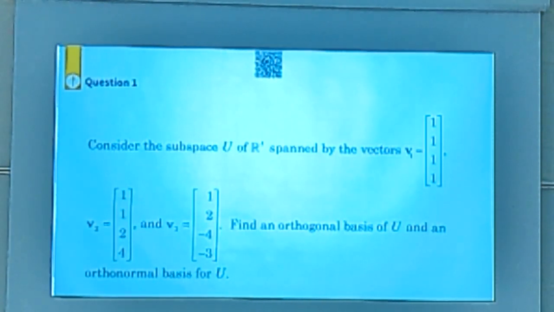Remember, W1 is V1. And who remembers how the dot product is defined? Multiply the components together and then add it all up. 1 times 1 is 1, plus 1 times 1, you have 2. Plus 1 times 2 is 4, plus 1 times 4 is 8.